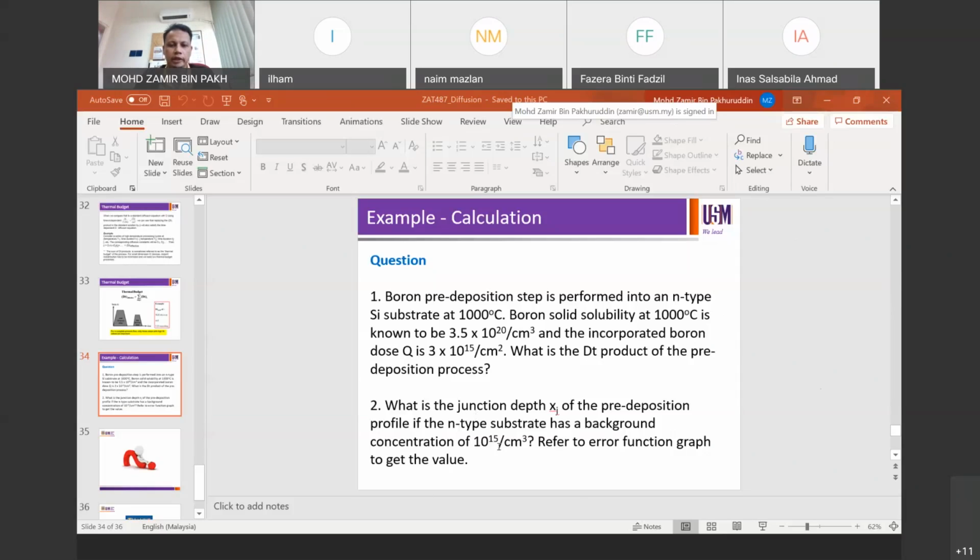Nanti saya akan share on e-learn, but let's discuss first. How deep do you get your xj? So since you got 5.8 for your dt, so what is your xj then? Ain Natasha, what is your junction depth?